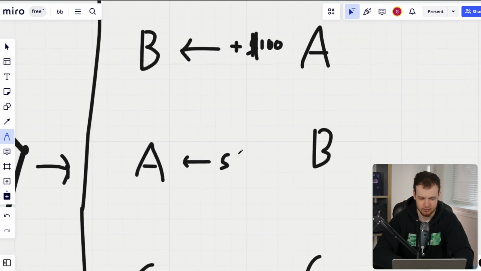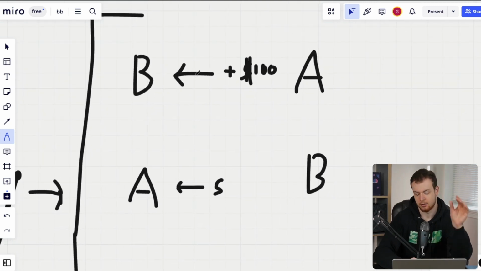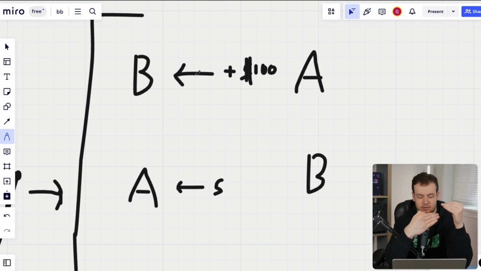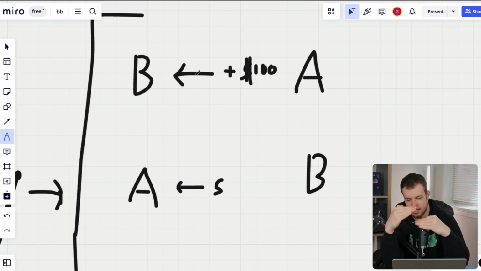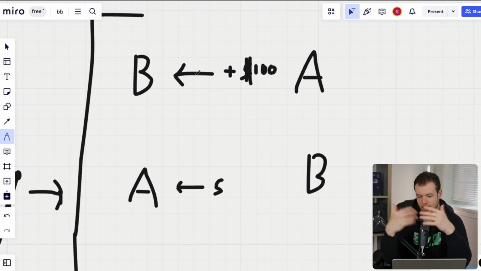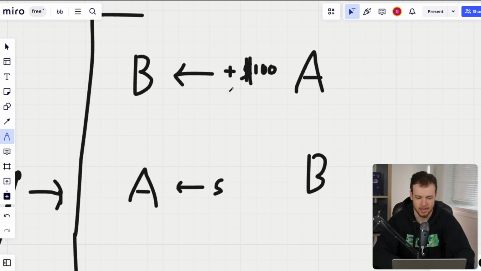Now, instead of the situation where $100 gets added first and then I stake, in which case I don't get to claim any piece of that $100, I want to reverse it. I want to get A before B. And so we stake first, and then immediately afterward, literally in the same block, they add $100 to the value. And then I'm immediately able to withdraw some of that, and I can unstake my stake.